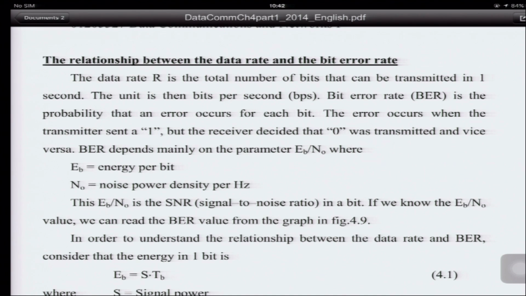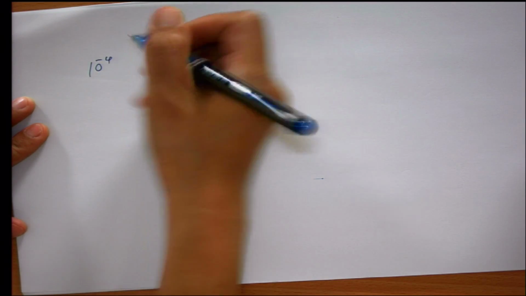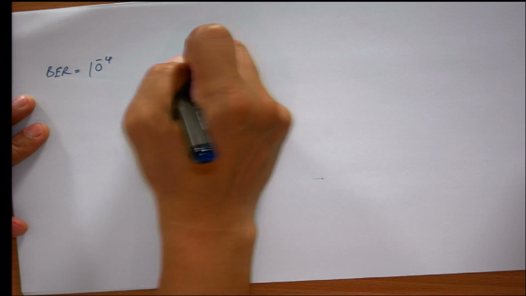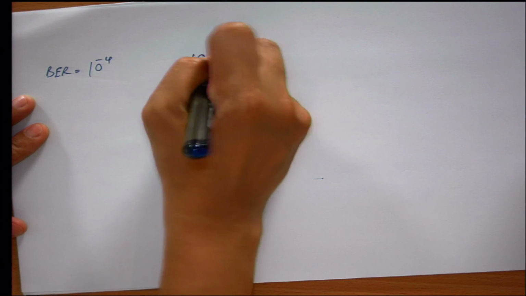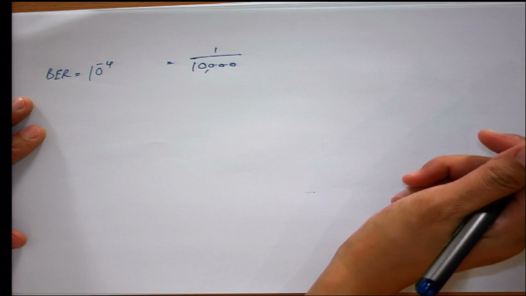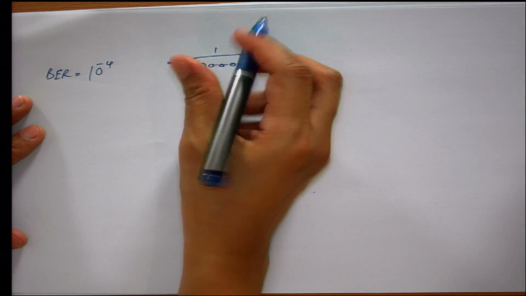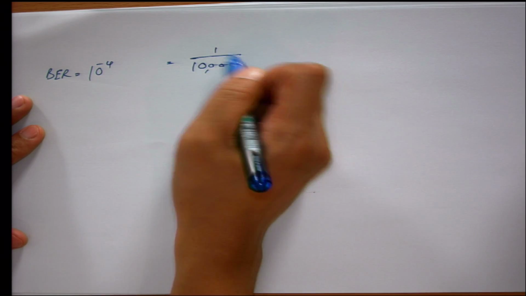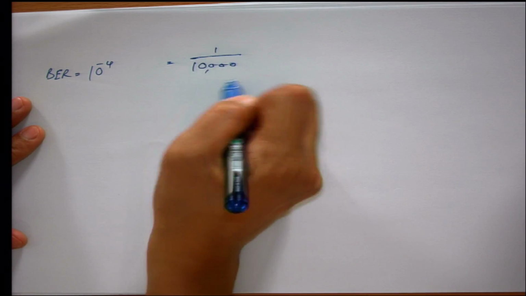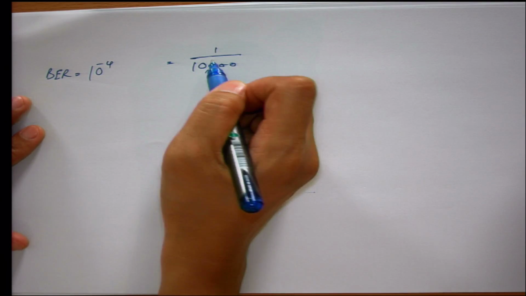So if an error occurs with a 10 to the minus 4, it means that if the bit error rate is 10 to the minus 4, this is 1 over 10,000, okay, so approximately 1 error in every 10,000 bits that you transmit, okay, approximately 1 error bit in every 10,000 bits that you transmit.